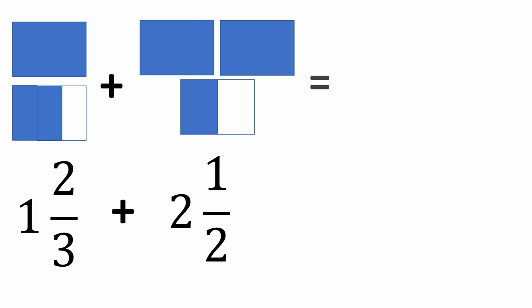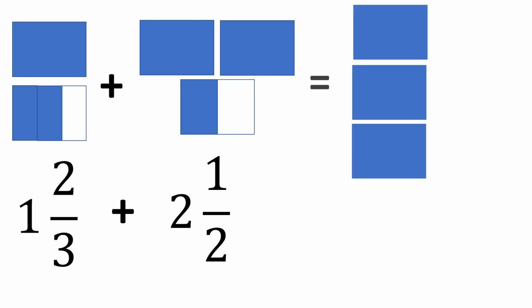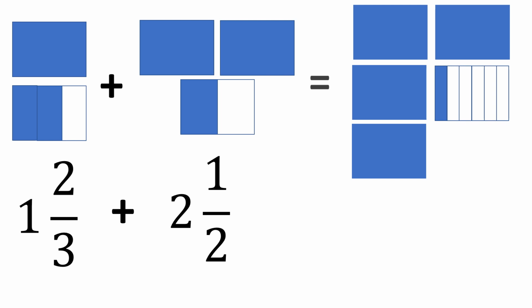So put all the wholes together and add the fractions, 2/3 and 1/2, where we have the answer a while ago, 1 and 1/6. That means there are 4 wholes and 1/6. So we get an answer of 4 and 1/6 using the concept.